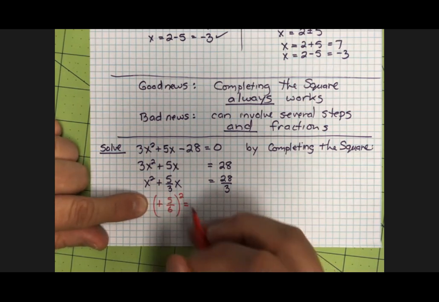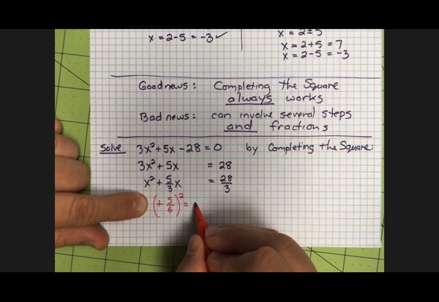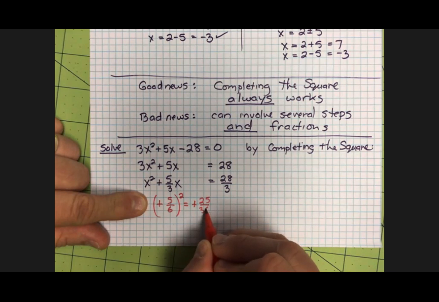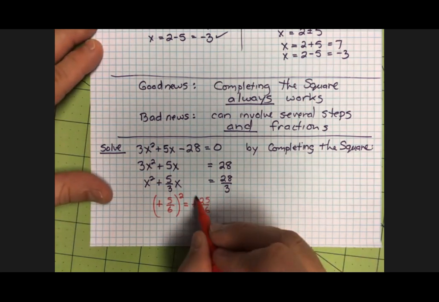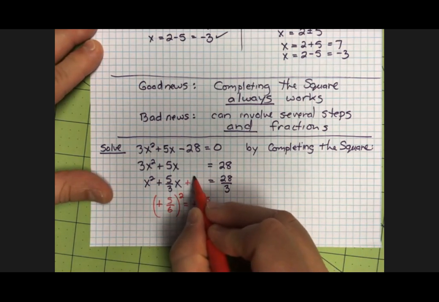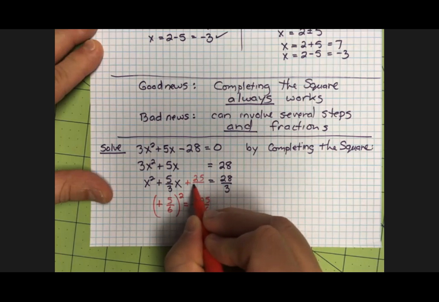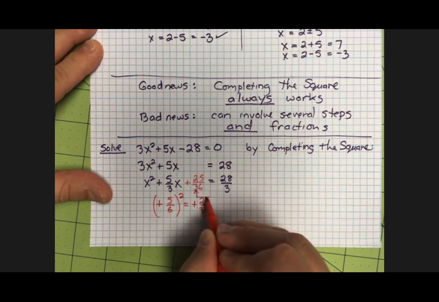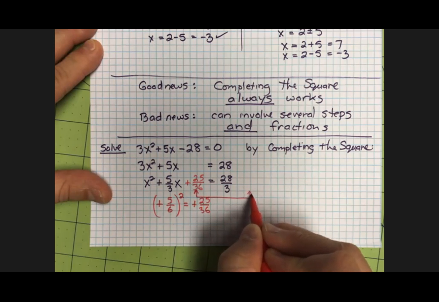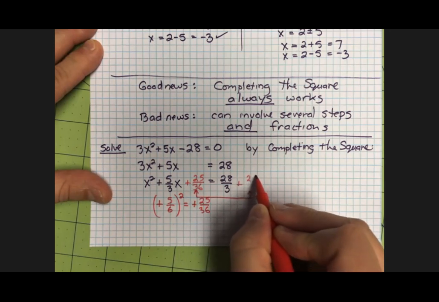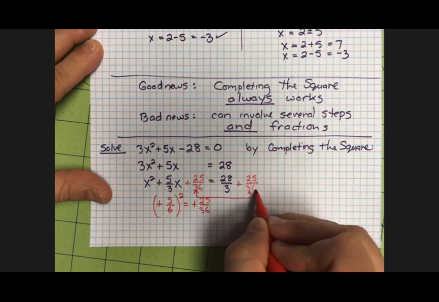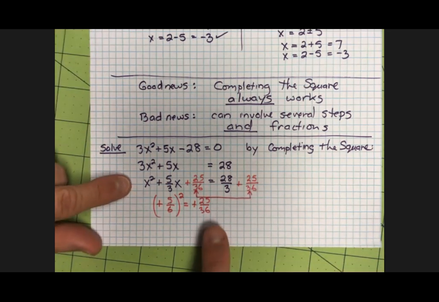5/6 squared is positive 25/36. And remember, that's what I insert to complete the square. But to make it legal, I have to do it on both sides. Now you made a perfect square on the left side. And at first you're kind of intimidated, like what perfect square? I don't see it.